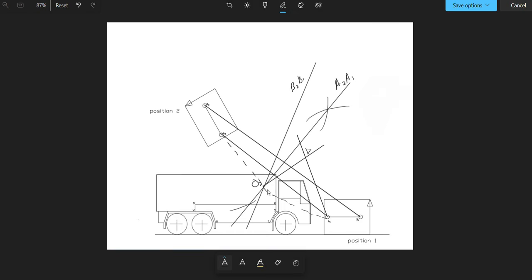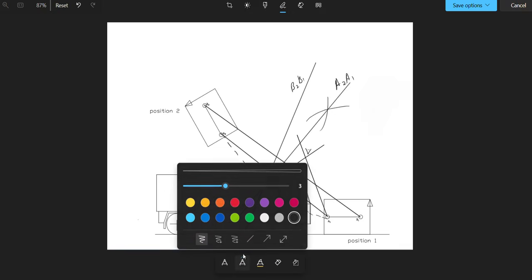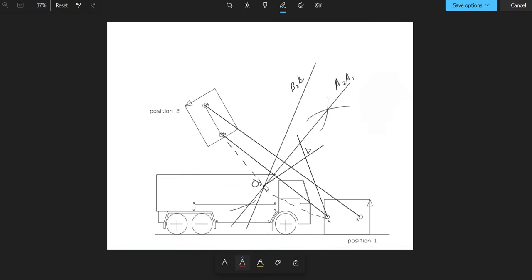Initially O2 to A1 was a straight line, and now we've redesigned it to form this triangle shape. So we have to do the same for O2 to A2. It's like we are transferring this point V to this side.